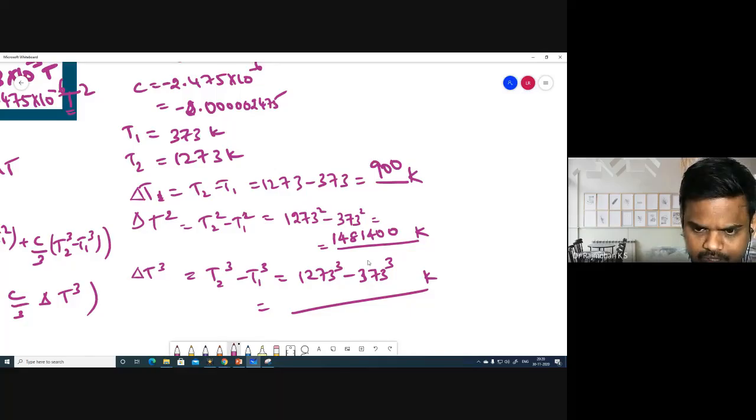Similarly, this is going to be a very big term. 1273 power 3, not square, minus 373 power 3 is equal to 201103.